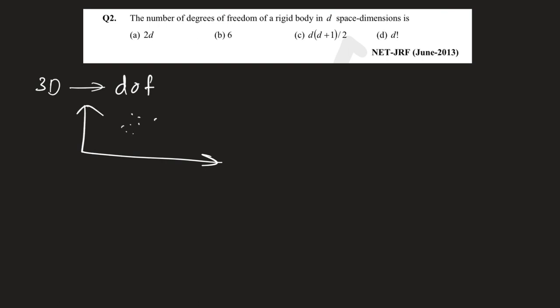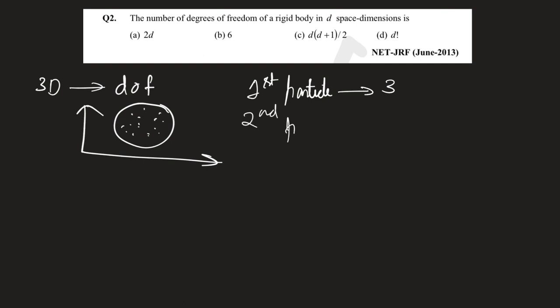we have a rigid body which would have many particles associated with it. Let's take the first particle. For the first particle, we would have 3 degrees of freedom. For the second particle, let's say we have placed the first particle here.